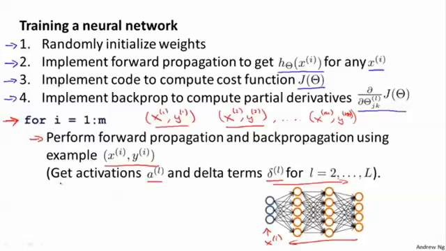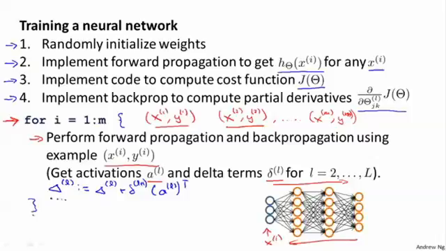Then, still inside this for loop, let me draw some curly braces just to show the scope of the for loop. This isn't Octave code, of course, but it's more like C++ or Java code. But the for loop encompasses all this. We're going to compute those delta terms, which here's the formula that we gave earlier: Delta L plus delta L plus 1 times a L transpose, accumulated in the sum.